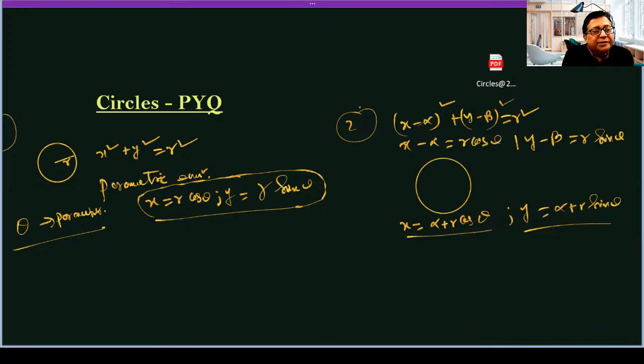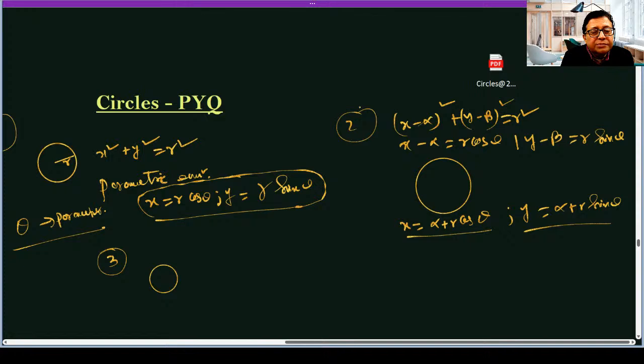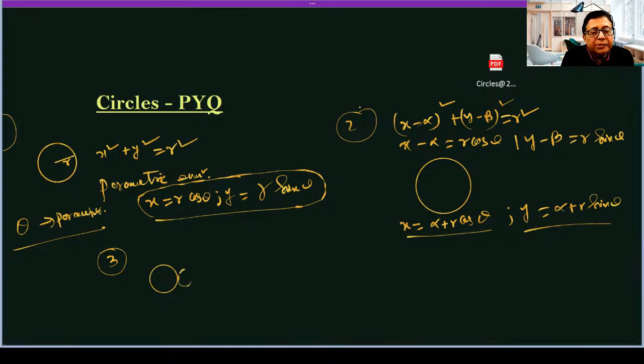There is another thing I would like to remind you, which you have learned in the class 9-10 syllabus only. If two circles touch, these two circles are touching. What is the condition for it?